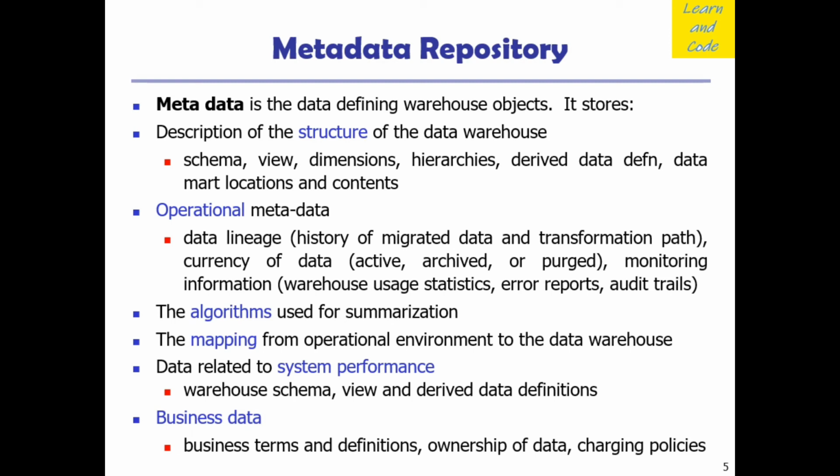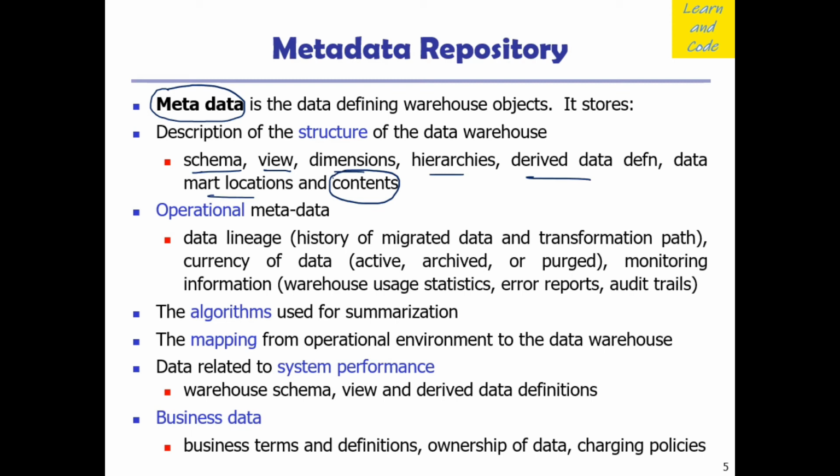It may start from the schema: what kind of schema we are maintaining for the data, what the different views, dimensions and hierarchies are, the derived data definitions, where the data marts are located, and the specific dimensions around which we have built those data marts.